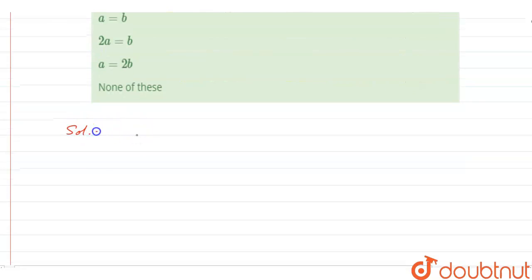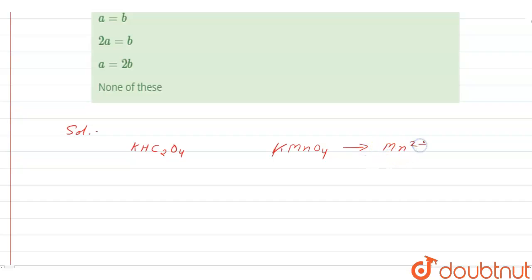For solving this question, first of all, we are considering the first reaction, that is when KH oxalate, potassium hydrogen oxalate, reacts with the KMnO4. During this reaction, what happens? The KMnO4 is acting as an oxidizing agent and it is getting converted to Mn2+.